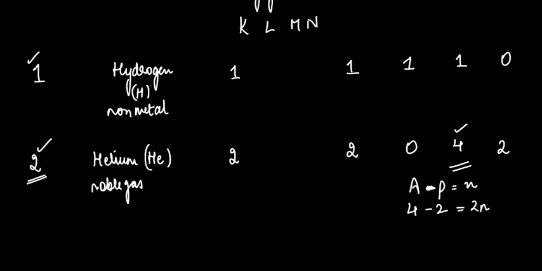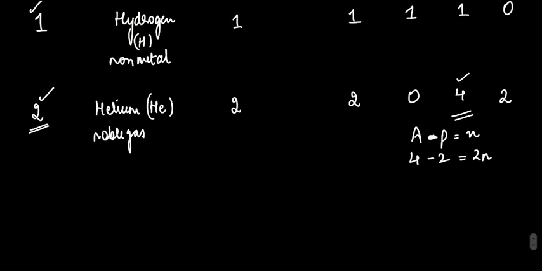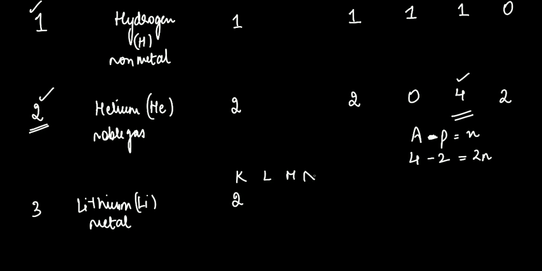Because in the next elements also I'm going to do the same thing. Now if you go to the next element, that is your lithium. Li is the symbol, it's a metal. It has 2 electrons in the K shell. I'm writing for your reference over here so that you can understand. Out of 3 electrons, 2 will go into the K shell.